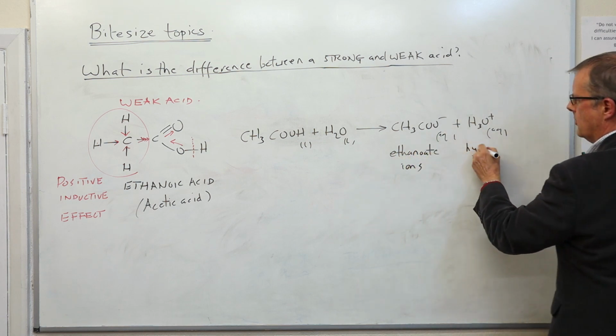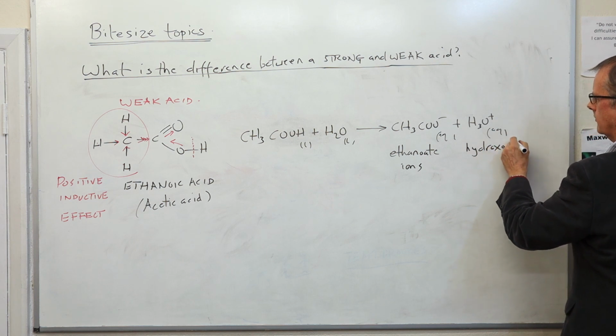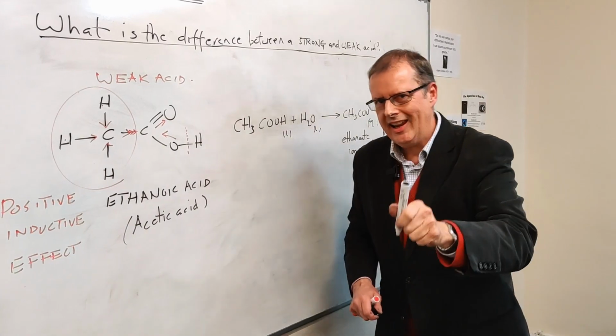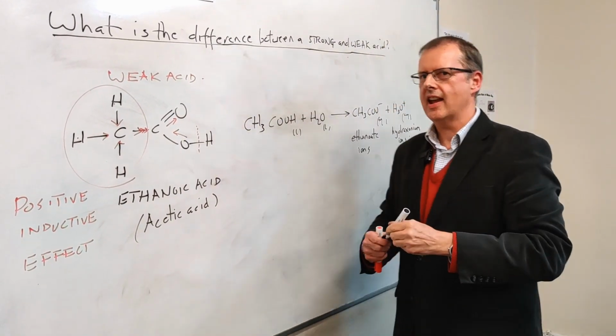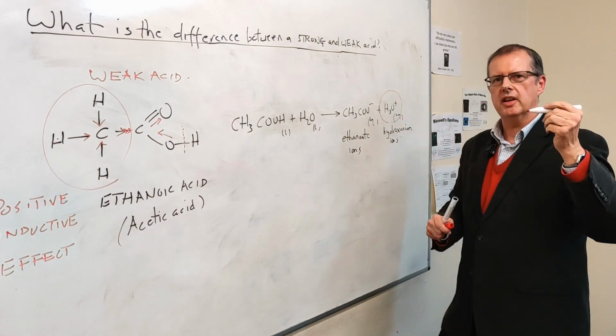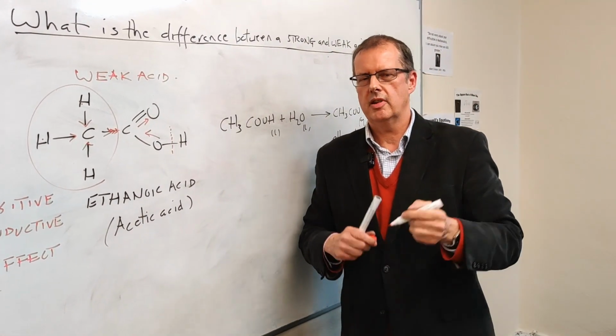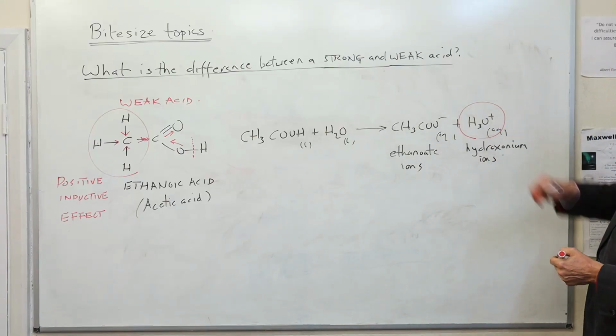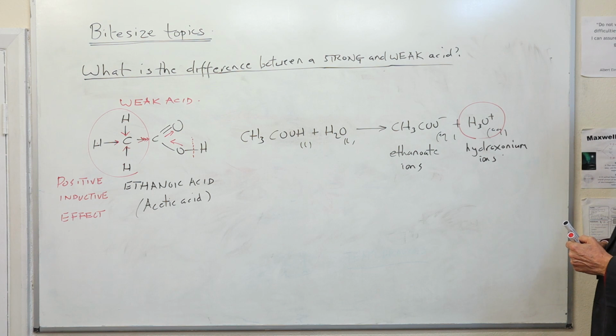And that's hydroxonium ions as before. Any acid is only an acid when it has this ion. It could be lemon juice, it could be carboxylic acid, it could be nitric acid, whatever it is, it will be the hydroxonium ions that cause the acidic effect.